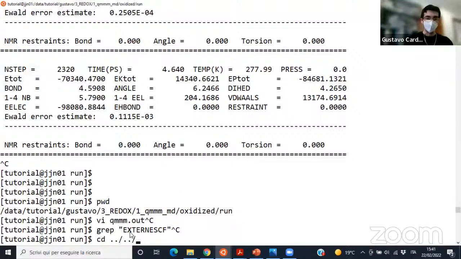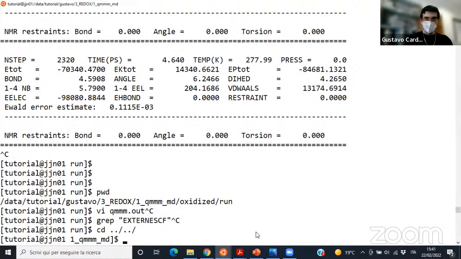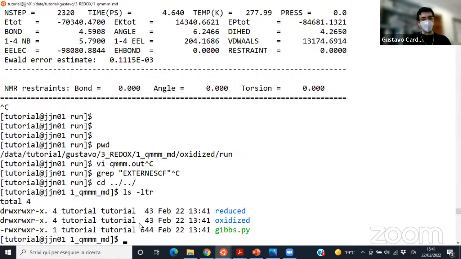Okay, remember we are here, 1 QMMM, oxidized, 1. So we are at this point. So the 1 QMMM, and we have the Gibbs.py guide here.